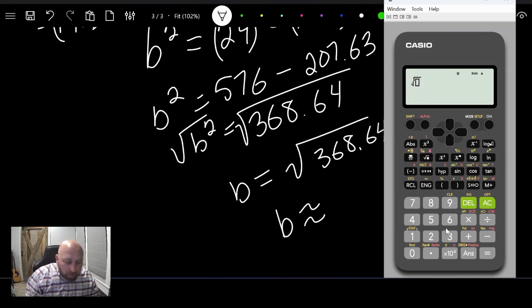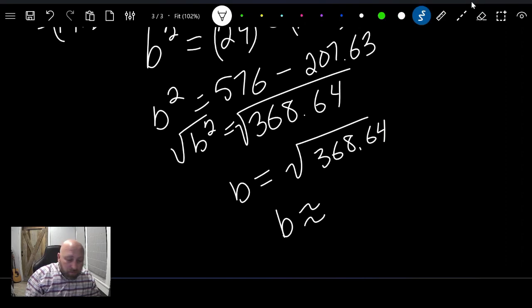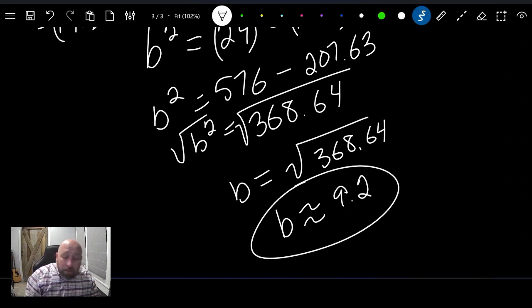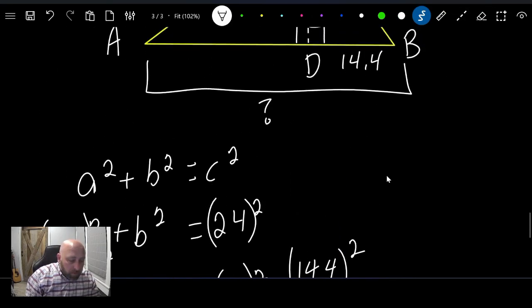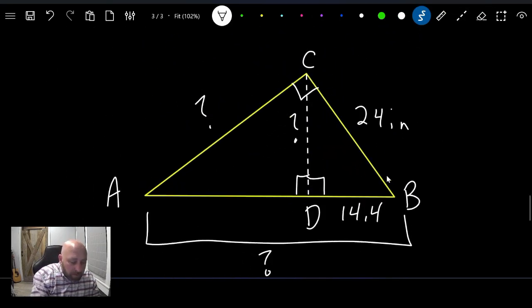So we'll do the square root of 368.64. And that's going to tell us that the answer is 9.2. Okay? So 9.2 would be our rounded off answer. Okay, so 9.2, we would go ahead and say that this is 9.2.